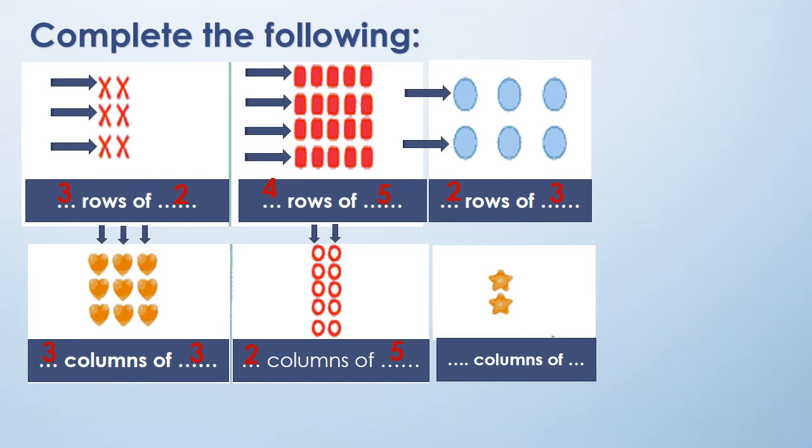The last one asked me to count how many columns here. I have just 1 column, and this column contains just 2 objects. Then this array can be written as 1 column of 2.